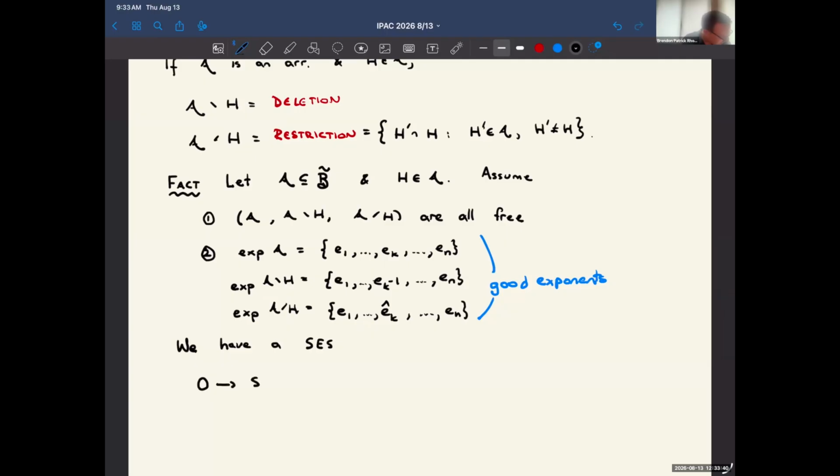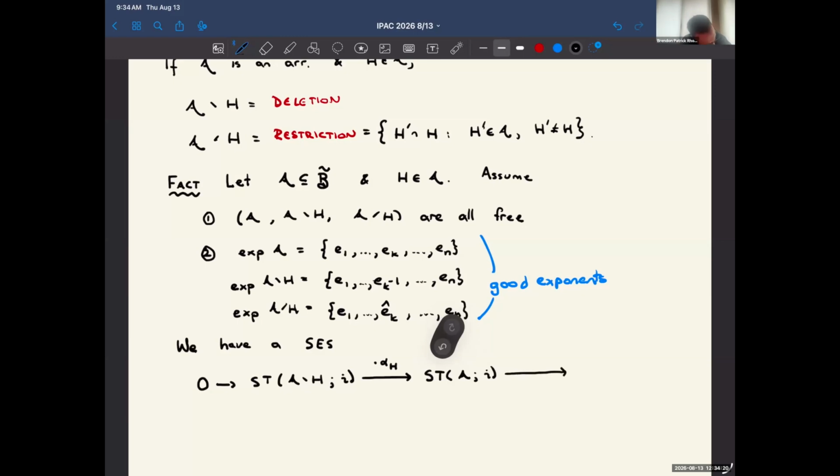0 goes to the Solomon-Terao algebra of the deletion with respect to my boring derivation, my boring module homomorphism, sorry, I, which sends all the partials to 1. This first map is multiplication by alpha H, that linear form, so it bumps up degree by 1. In the middle, I have the big Solomon-Terao algebra of my whole arrangement.